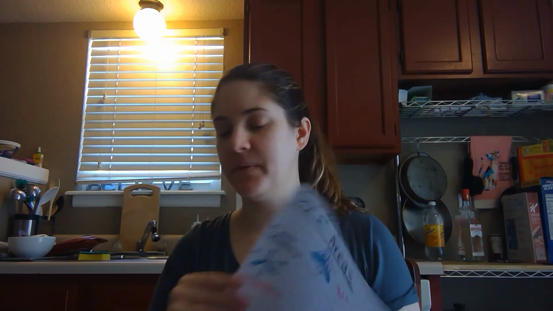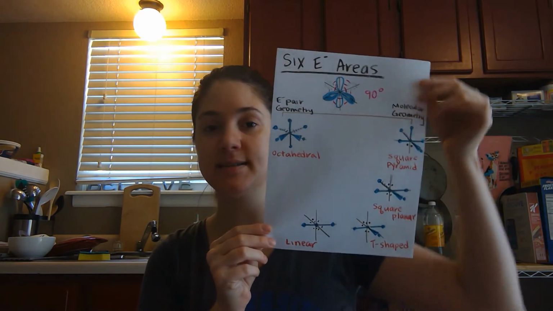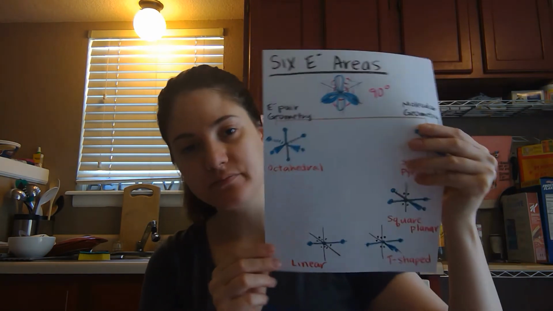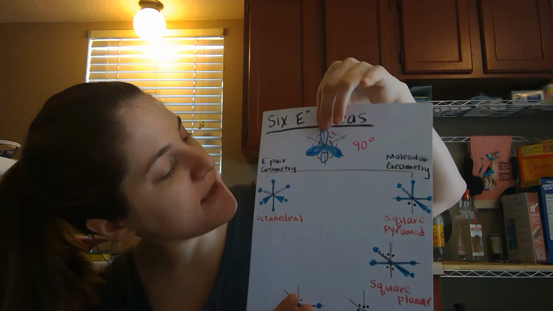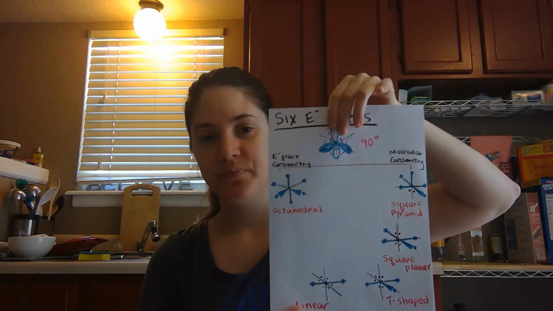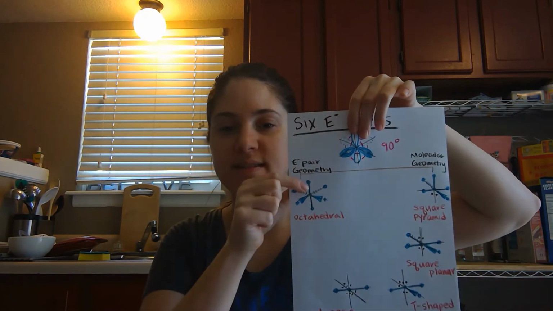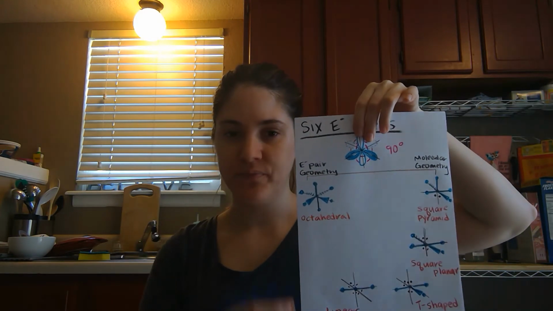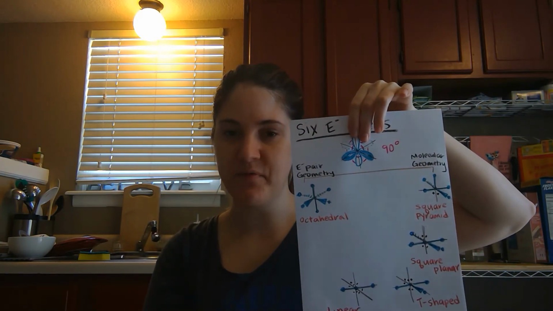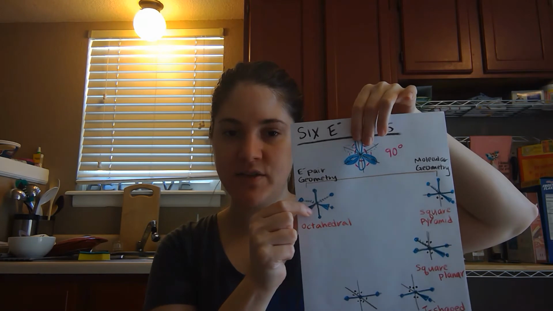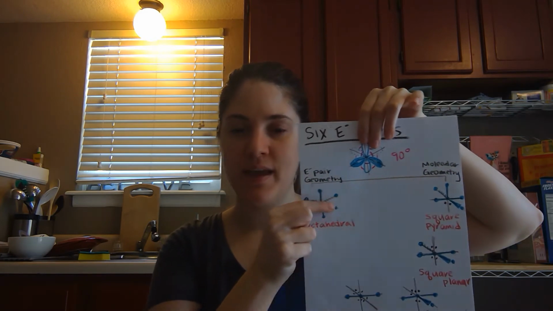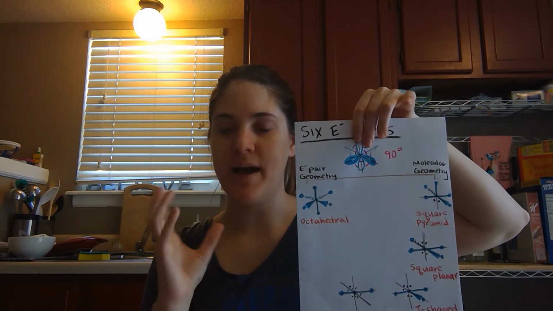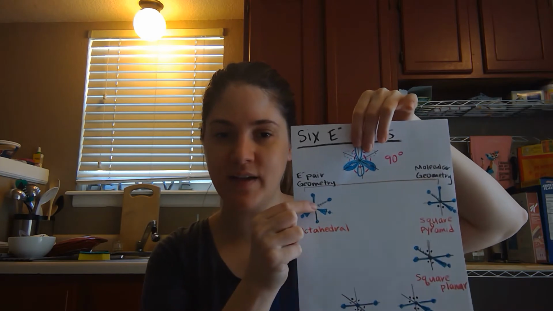The last possibility is something with 6 electron-rich areas. So roughly speaking, all of those electron areas are going to arrange themselves one above and one below in a linear fashion, just like before. But now that central atom isn't going to be surrounded by a triangle shape. It's kind of like a square.